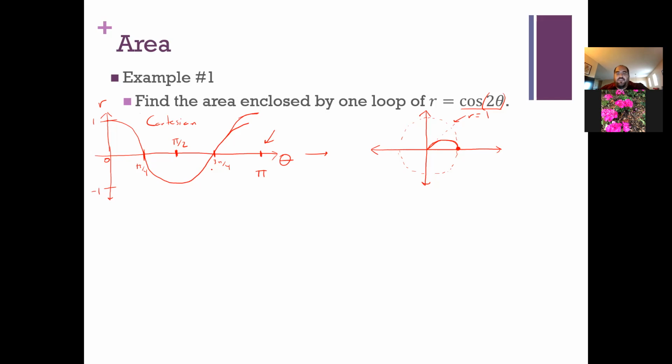So now let's go from pi over 4 to pi over 2. I know from pi over 4 to pi over 2, I'm eventually going to decrease to -1, but my angle is going to be going from this dashed line to this upward direction.